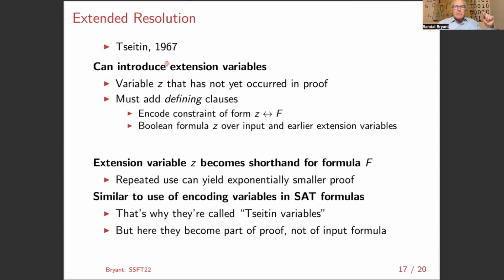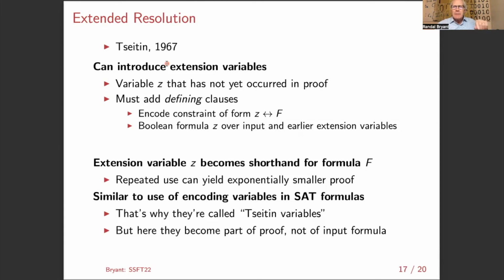And just like we used for encoding the output of a logic gate or some sub-expression in a Boolean formula, we'll let this new variable encode some Boolean formula over previous input variables and previous extension variables. And we'll throw the clauses that encode that representation, z if and only if f, into the formula. They don't change the truth or falsity of the formula at all.